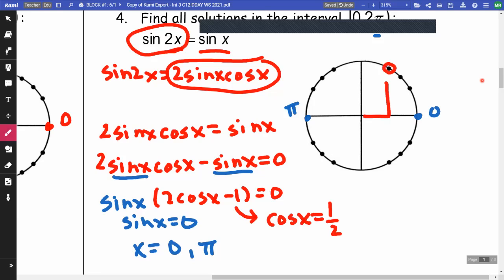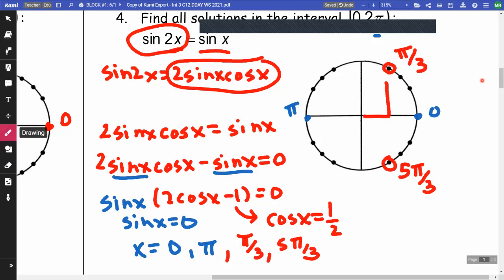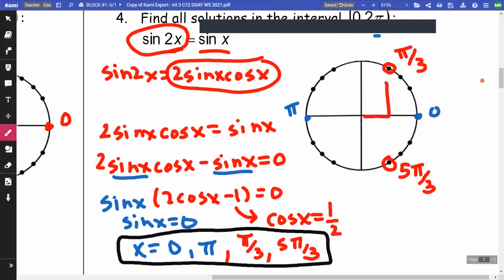It's going to put me here at pi thirds and down here at 5 pi thirds. So I also have pi thirds and 5 pi thirds as answers. So I have those four answers from 0 to 2 pi.